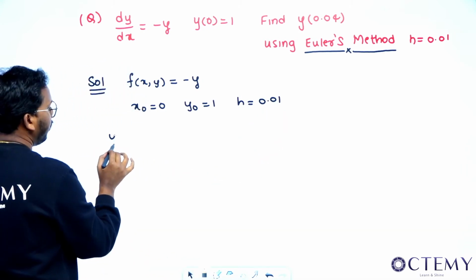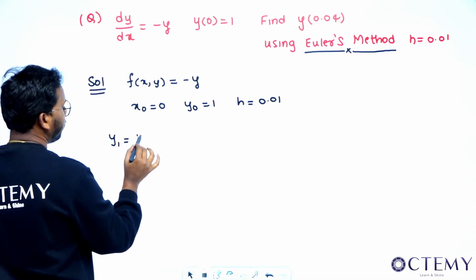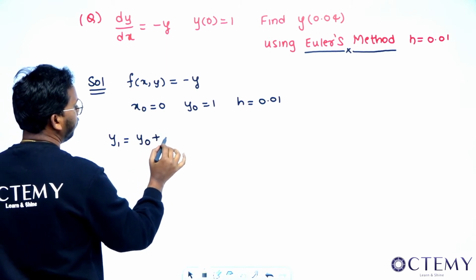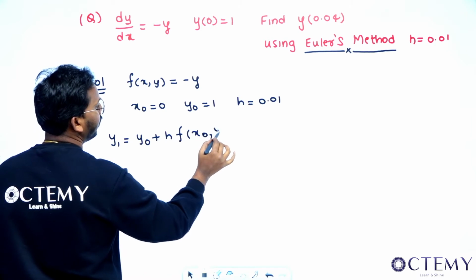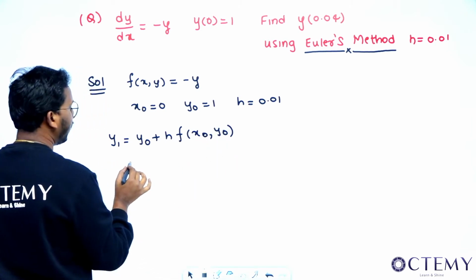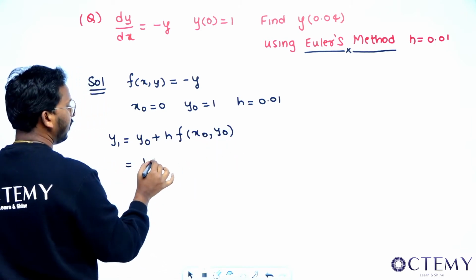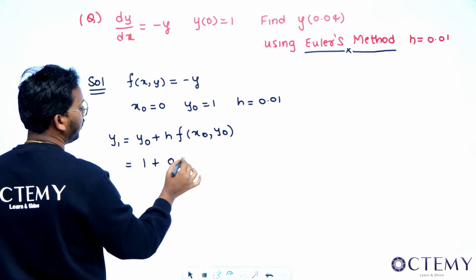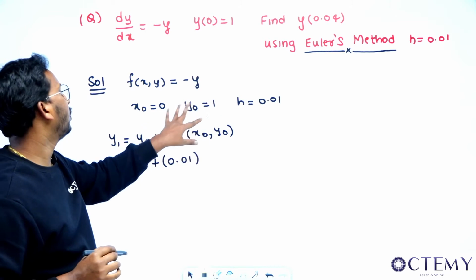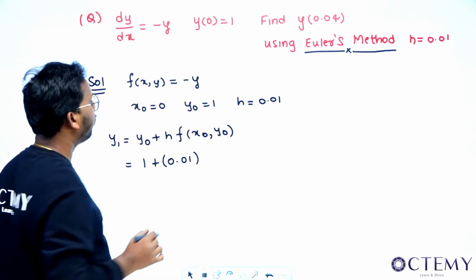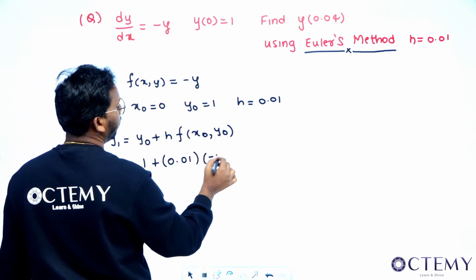Now, what will be your y1? That should be y0 plus h times f(x0, y0). Your y0 is 1 plus h, which is 0.01, into f(x0, y0). You put y0 in this, so this becomes minus 1.